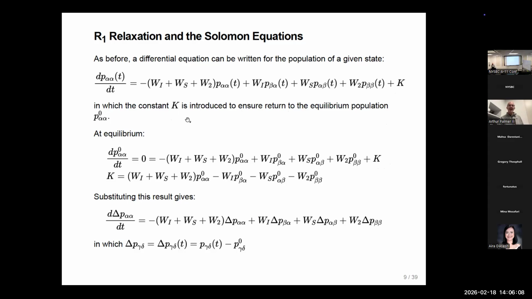And I can solve for K. And I find for K that it's these rate constants with now the equilibrium populations. And I can substitute in for K, and now I have a differential equation for the deviation of the population from Boltzmann equilibrium, which is convenient.